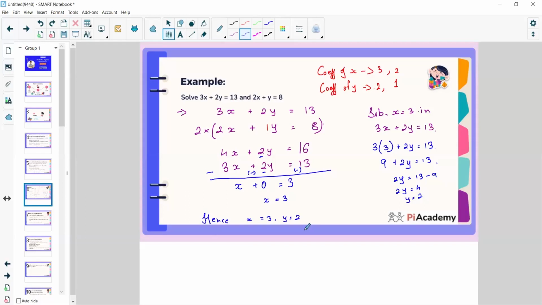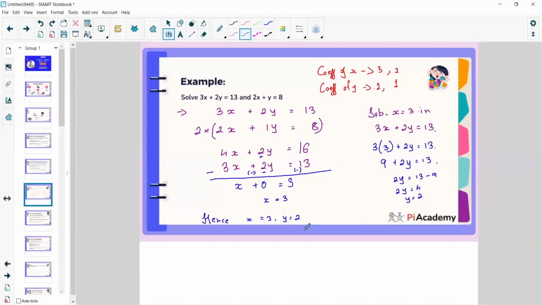So this is entirely the steps to solve simultaneous equations. Again, the job is pretty simple. First, make the coefficients same, right? Then eliminate either of the variables, find the other, and then use the substitution method to find the required or the left out variable. That's it.